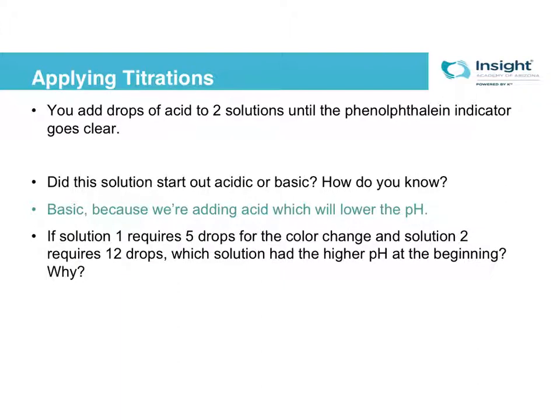Again, focus on the fact we are adding acid to this. One of these requires more acid to get the pH to fall to 8.3. So I'm hoping you are thinking that solution 2 was the more basic at the start.